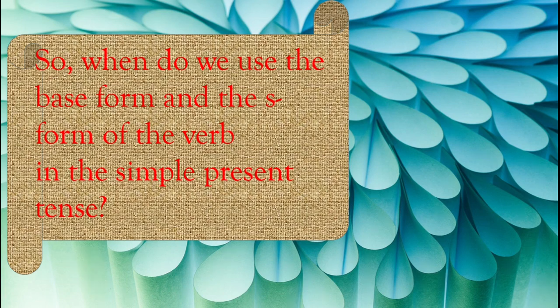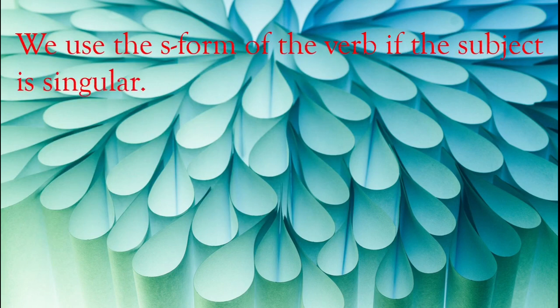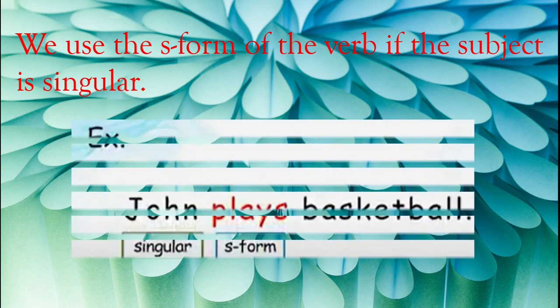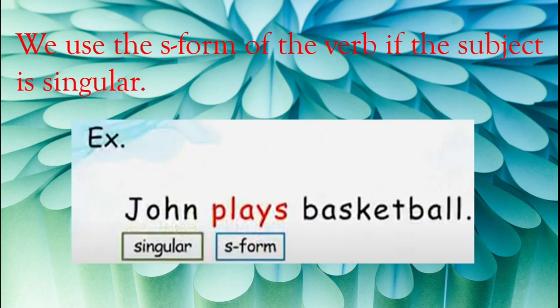So, when do we use the base form and the S form of the verb in the simple present tense? We use the S form of the verb if the subject is singular. Example, John plays basketball.